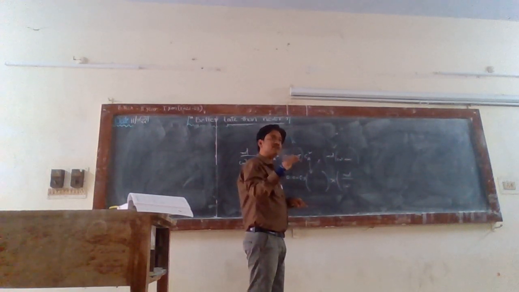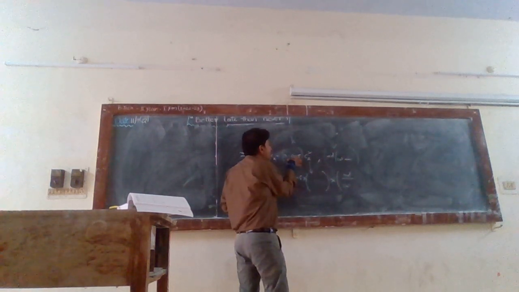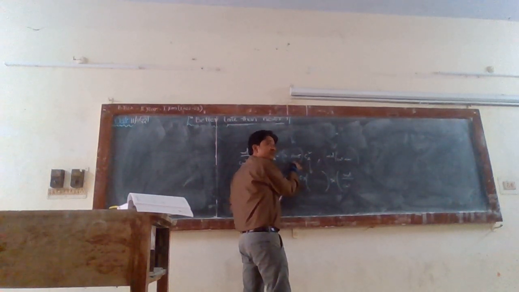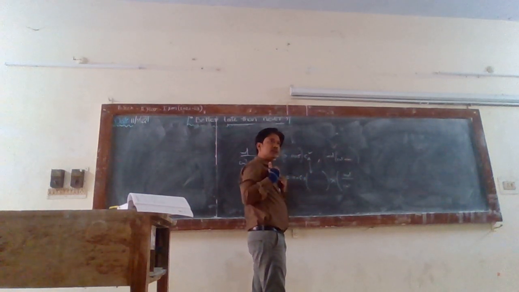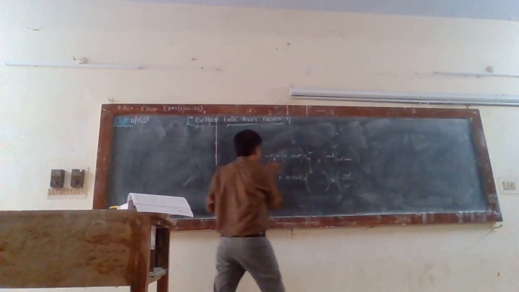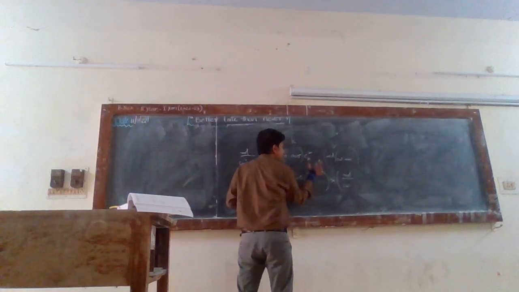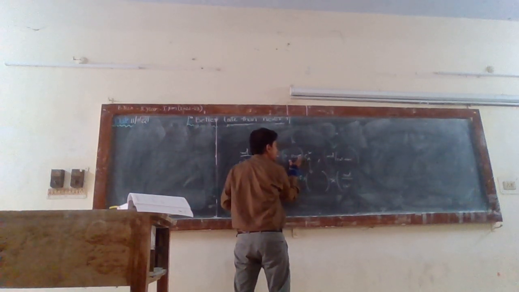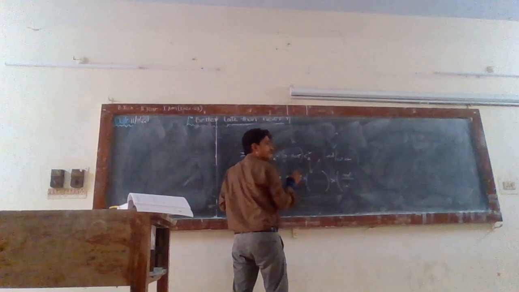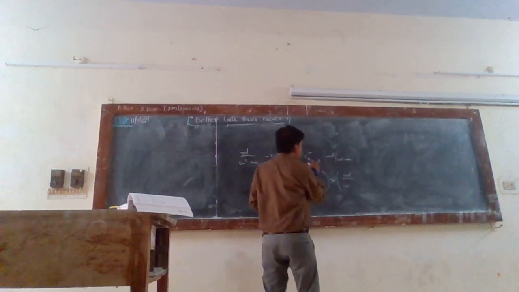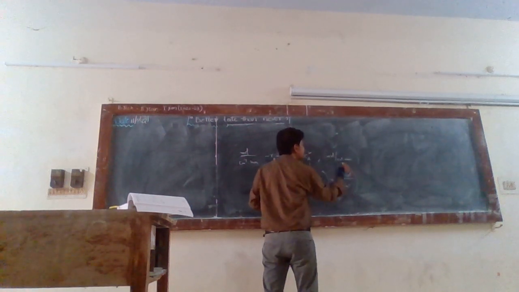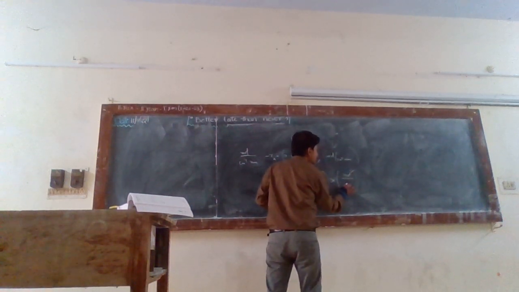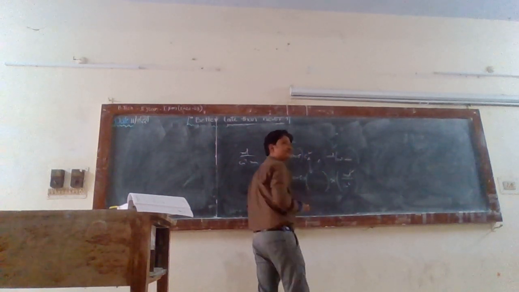Why I am doing like this? Because I want to know the unit of K. K value is given, but K unit has not been given. I should arrive at it. How should I arrive? The final rate unit I know. I know the unit of concentration, such that if I do some manipulation, I will get the unit of K. How do I do it? See, mole per centimeter cube is concentration unit. That should be squared. That means mole square centimeter power 6.